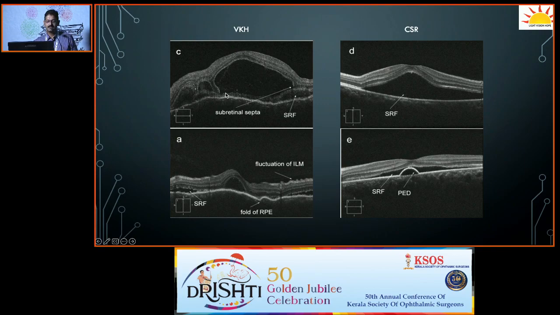So if you see over here, this is the photoreceptor layer, and the fluid is collected just above it. And along with that, the vitreoretinal interface, that is the ILM, everything will be very clear in CSR. Usually it will never be affected. Whereas in VKH, you will see multiple undulations of the ILM.